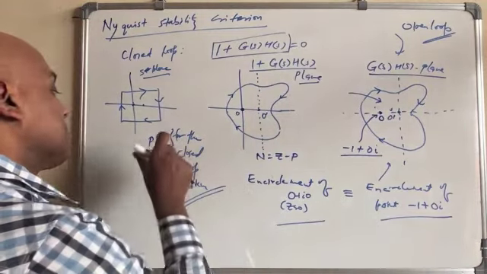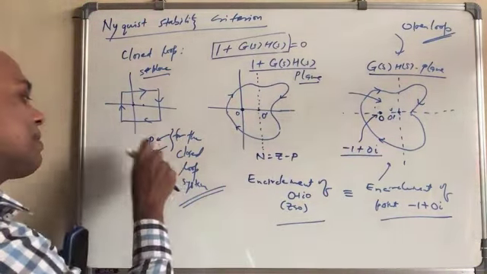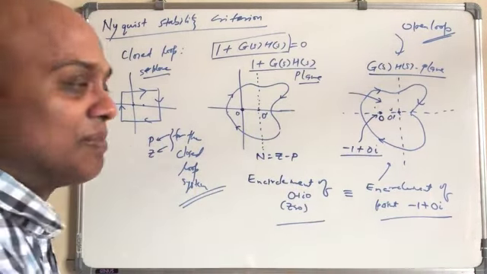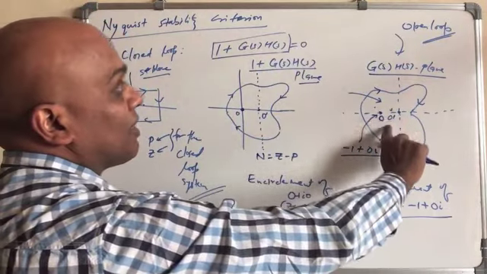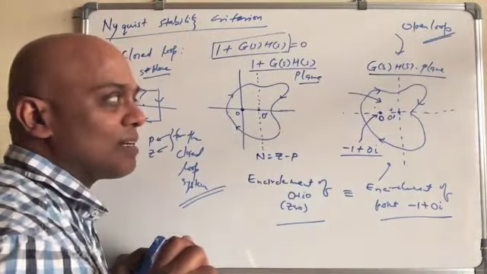Actually, how many poles and zeros there are is difficult to find individually, but we will be able to find Z minus P, the difference between the two, which is important. So then we look at the open loop transfer function.